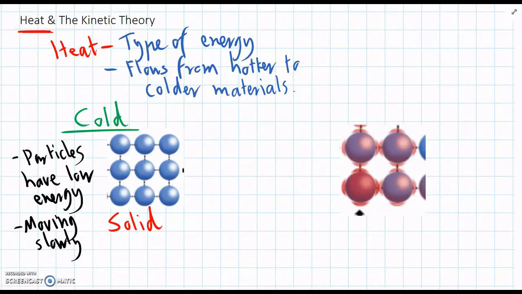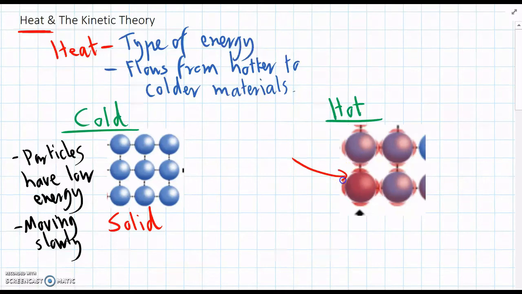But when heat energy gets transferred to those particles, so when we start heating up that material, heat energy comes in and that causes particles to vibrate and start moving around a little bit.